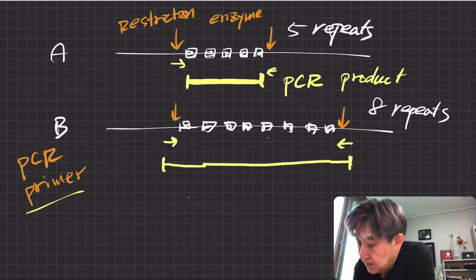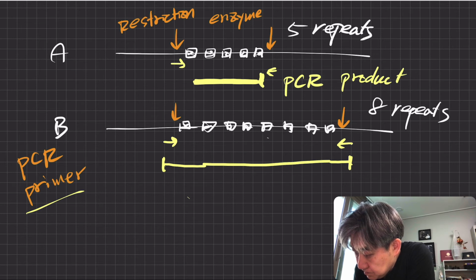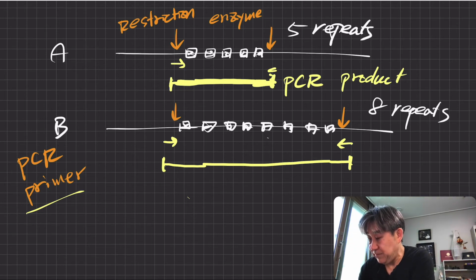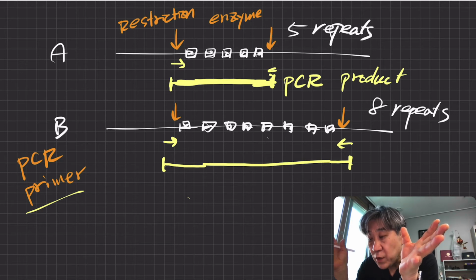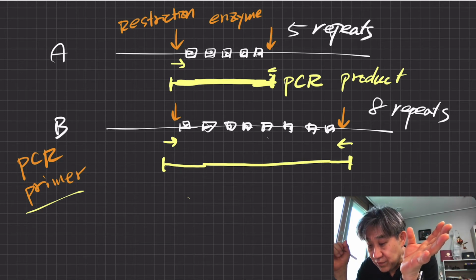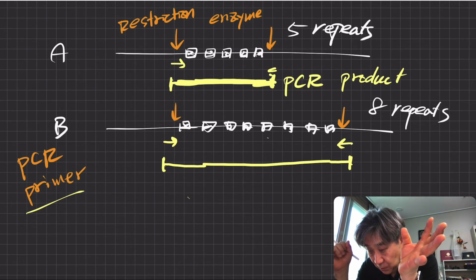Like this, and this is the amplified product. So clearly you can see the difference in fragment length without using the much more inconvenient restriction enzyme; that is the key point.